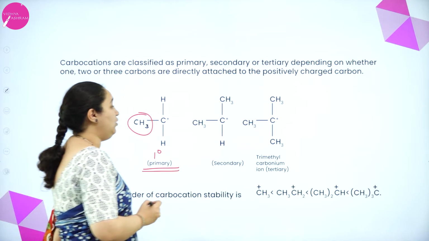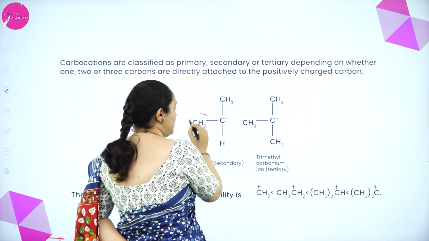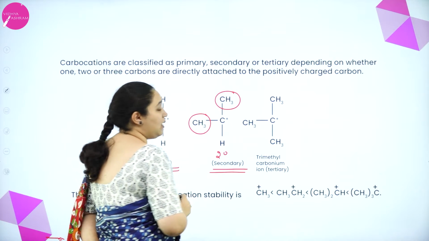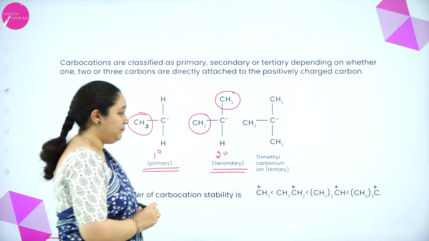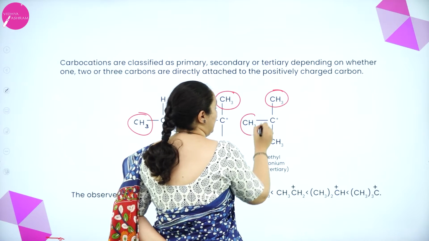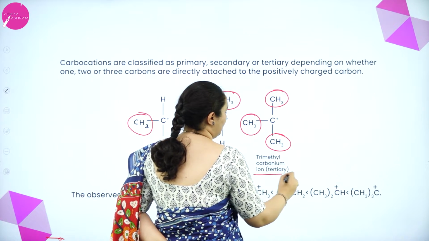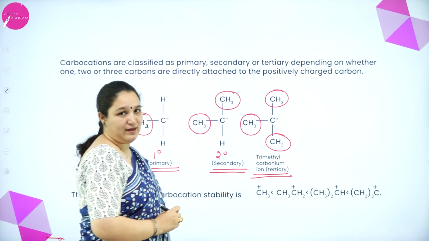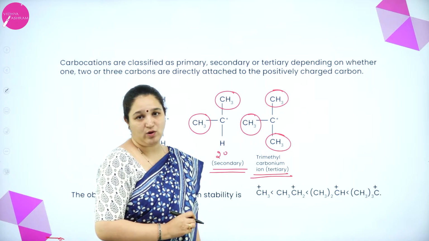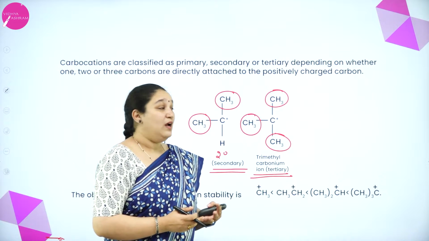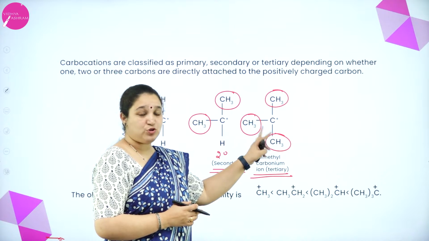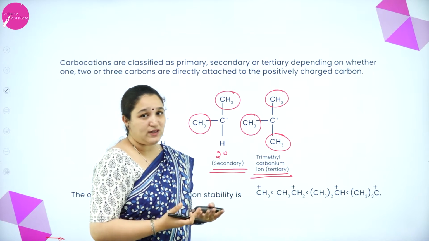If the carbon with a positive charge has two carbon neighbors, we call it a secondary carbocation. And if the carbon atom with the positive charge has three carbon neighbors, then we call it a tertiary carbocation, or in this case the trimethyl carbonium ion. But please don't mistake that the R group here should be only CH3, not necessarily.